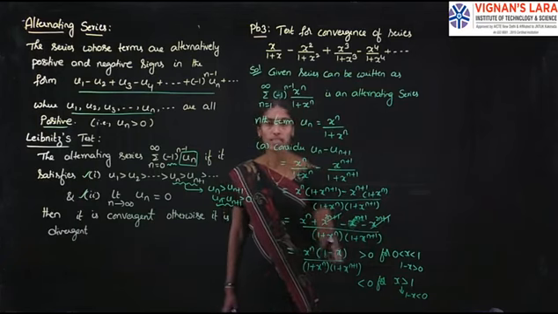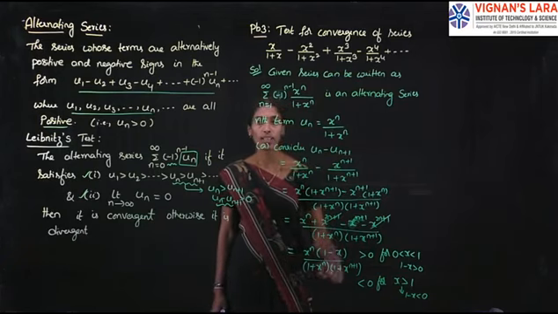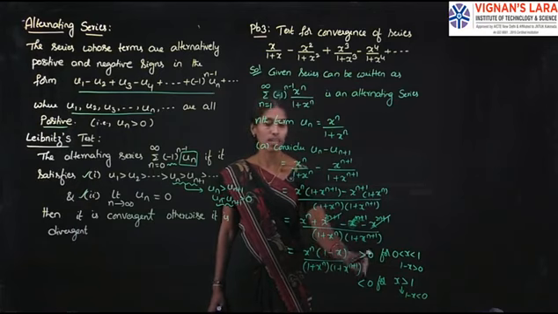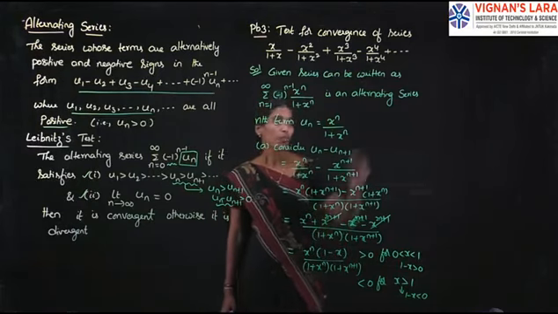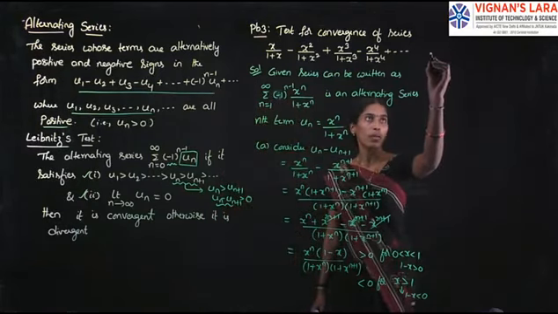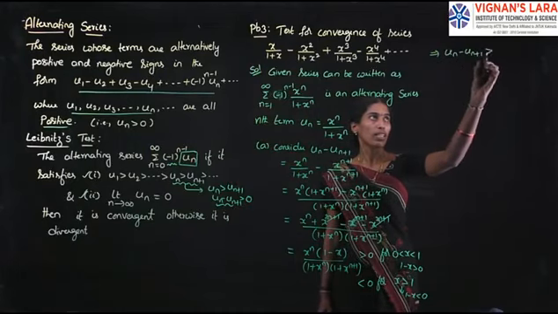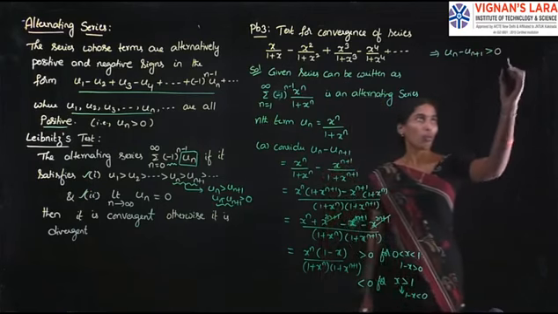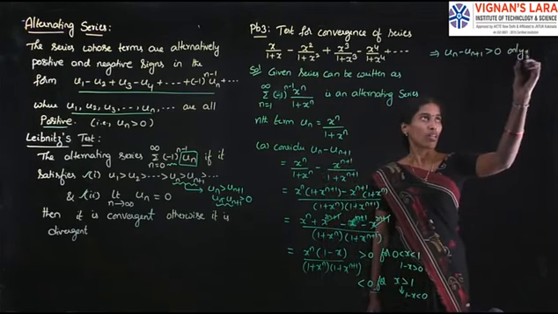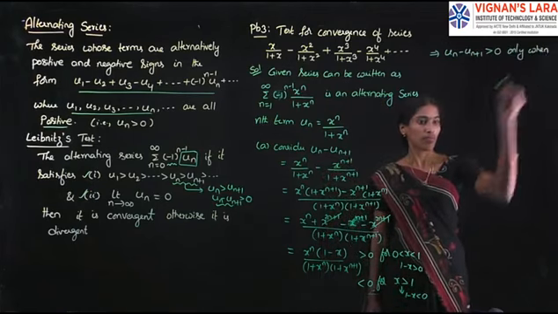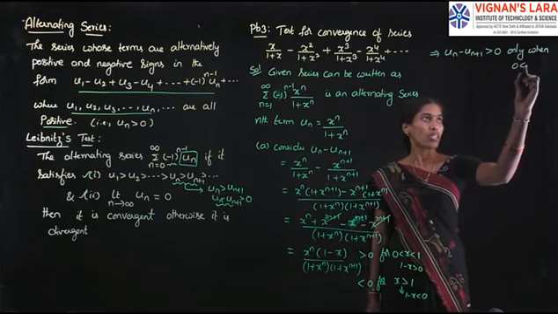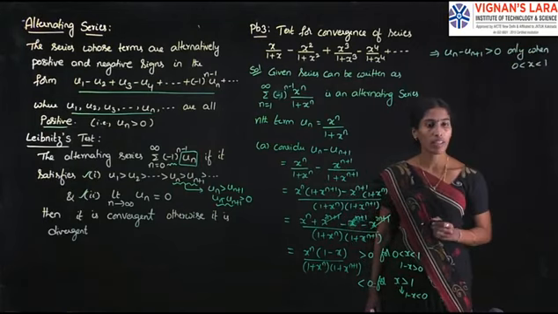Whenever 1 minus x is less than 0, entire ratio becomes negative, means less than 0. Therefore, un minus un plus 1 is greater than 0 only when 0 less than x less than 1.